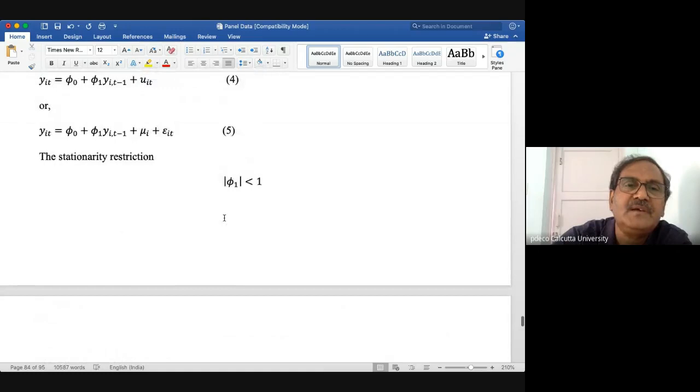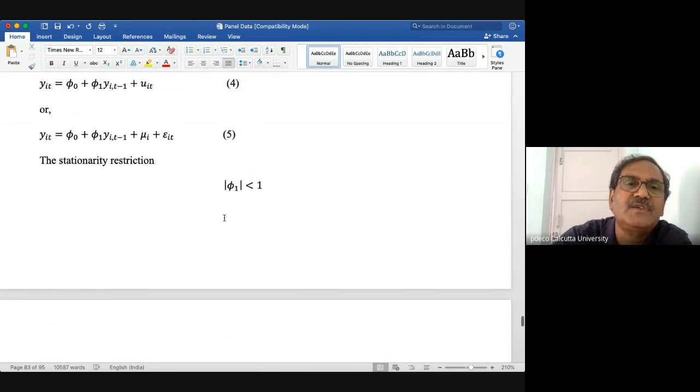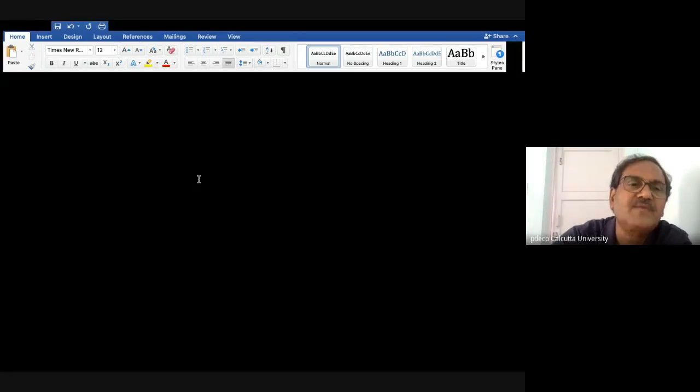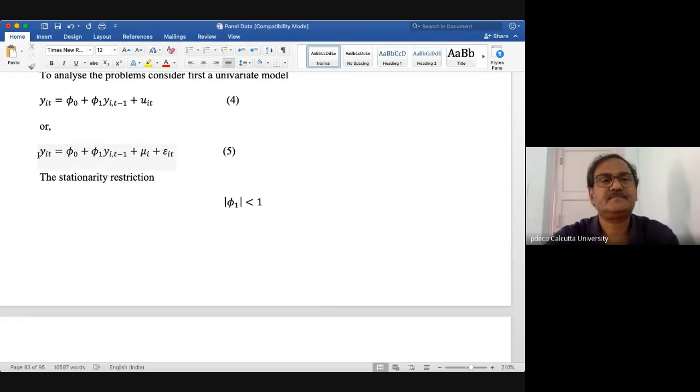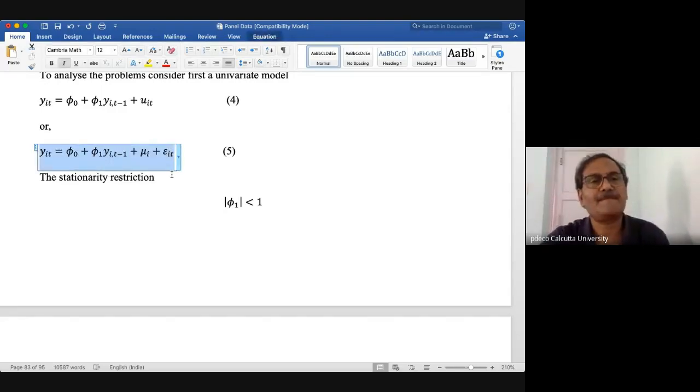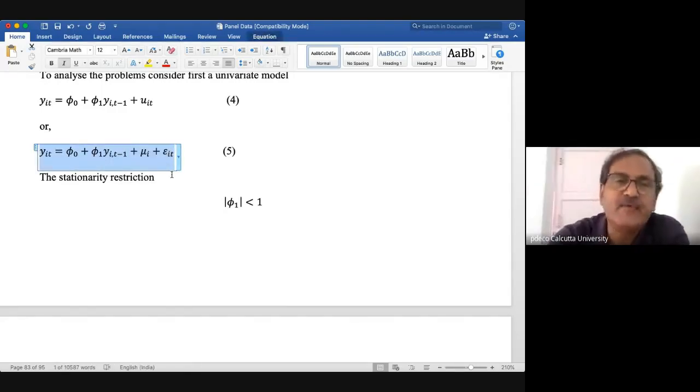We have equation 5 we have shown earlier. In this equation, put the value of t equal to 1, 2, 3, etc. sequentially.